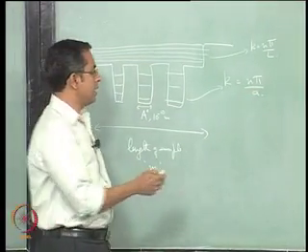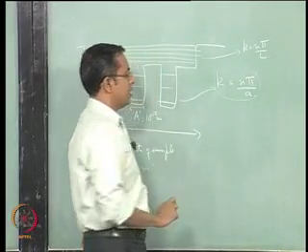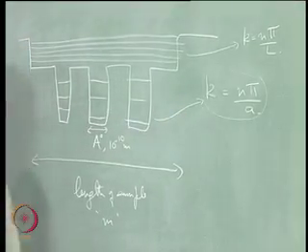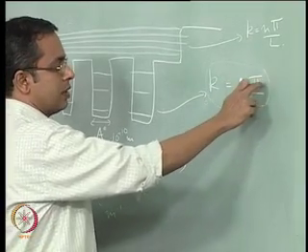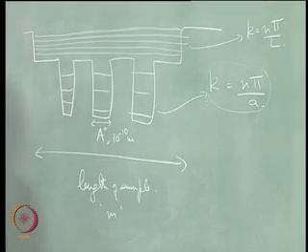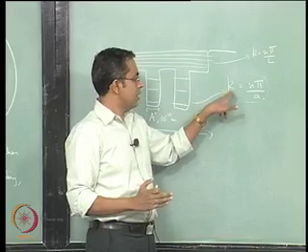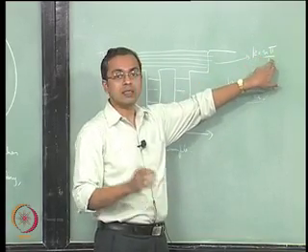The k vectors here go in steps of a large number, so the spacing between the allowed k vectors is large, while in the other case the spacing between the allowed k vectors is small.